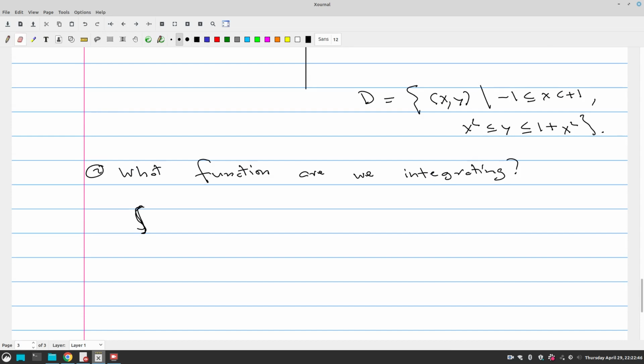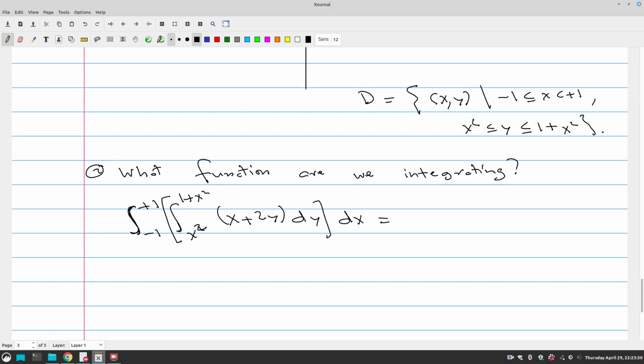Remember, always integrate over the functions first. So you do the y integration first, from x squared to 1 plus x squared, and your f is x plus twice y dy dx. You do this integration first, and then you do the other integration, the dx integration.